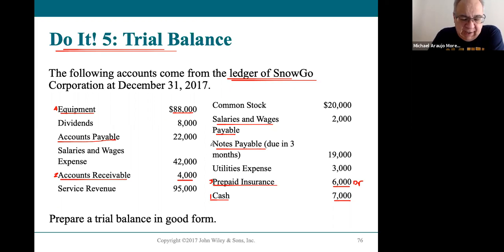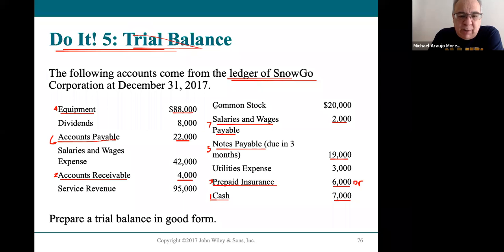Normally speaking, your notes payable would be listed, then your accounts payable, then your salaries and wages payable. The balances would be on what side of a payable account? All these balances would show up on the credit side, because liability balances are normally on the credit side. So you would put those on the credit side of the trial balance.